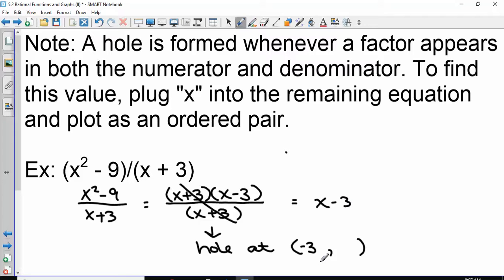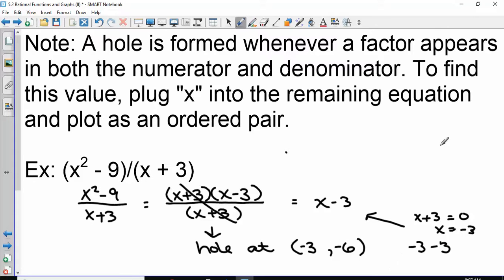To find the y, you plug negative 3 into what's left. So we set the x plus 3 equal to 0, and that gave us x is negative 3. To get the y, you plug a negative 3 in here, so negative 3 minus 3 is negative 6.